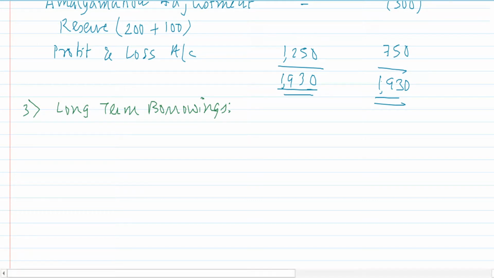I'll say here 13% debentures. They are saying that the debentures of selling company will get converted into equivalent number of debentures of the purchasing company. So you have to simply do line by line addition of the debentures. It will turn out to be 850 each. So that's the debentures, 850.